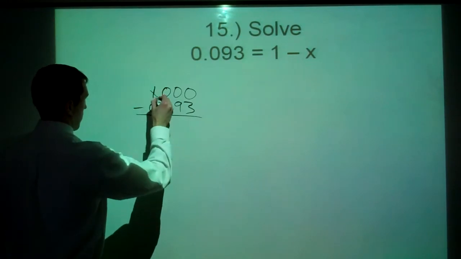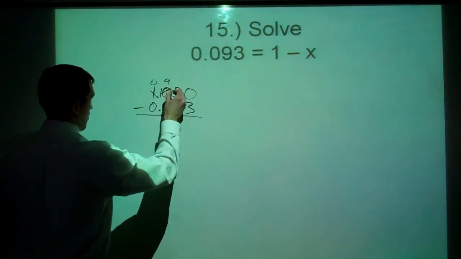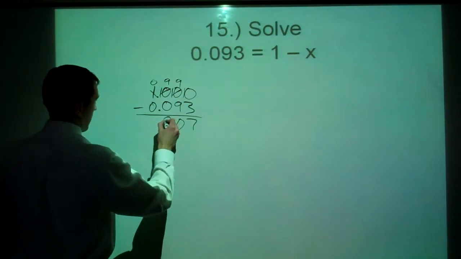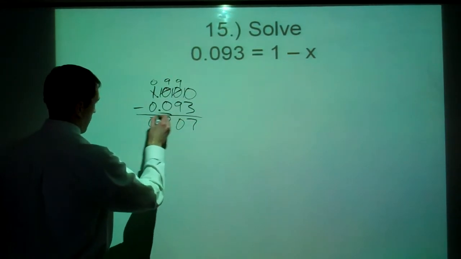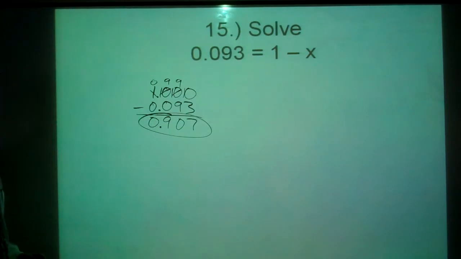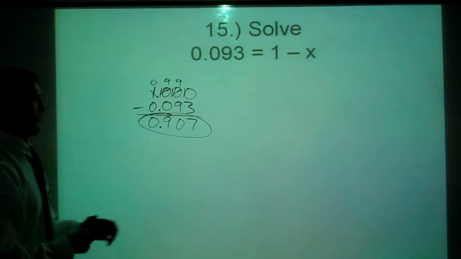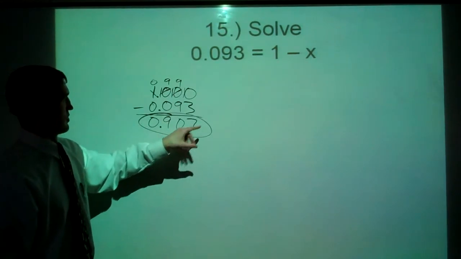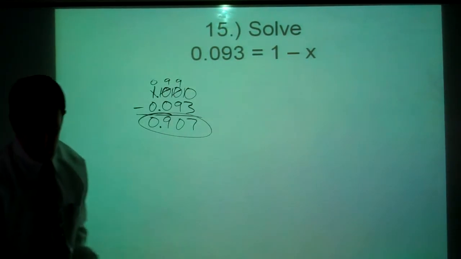We subtract those, we get 0.907. That should be what x is. And just like our last one, if we do 1 minus 0.907, we should get that. Okay.